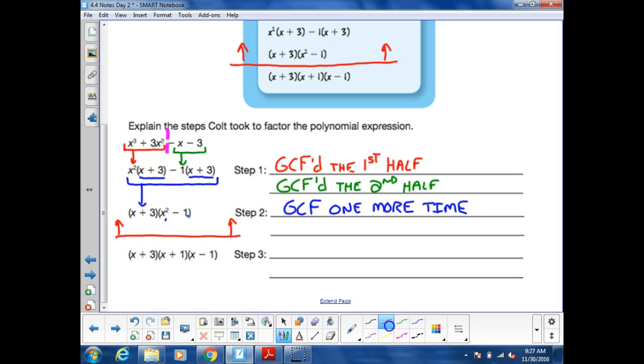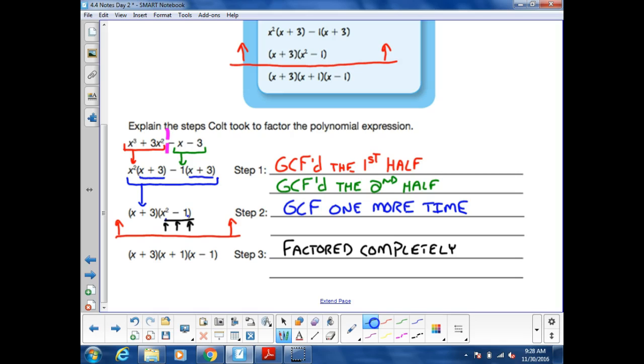Then he went on and he factored completely, because he saw that x squared minus 1 here is a perfect square minus a perfect square. So it's a difference of perfect squares. So that one becomes x minus 1 times x plus 1. Okay, with me?